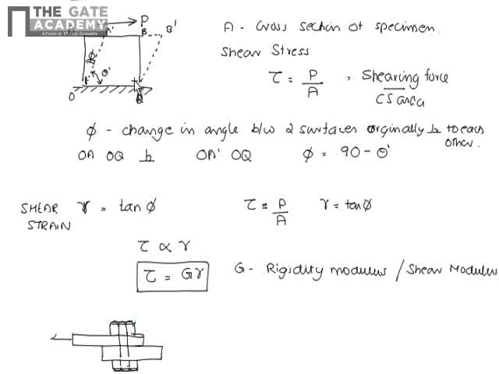Now we are applying a load P, trying to pull the two plates apart. When we are trying to pull the two plates apart, which are joined by means of a bolt, shown here, what happens to the bolt?